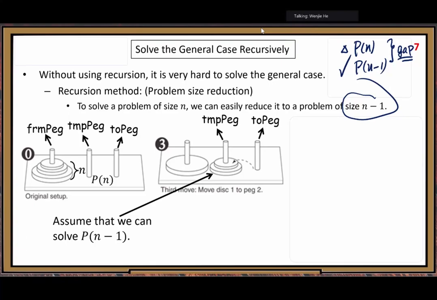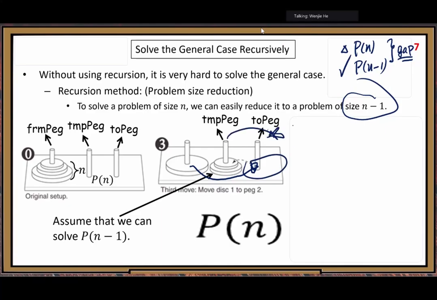All right, next step. I need to draw something here. The remaining part of the work is pretty straightforward. The next move is to move the bottom disk to the destination peg. After that, you just apply P of n minus 1 another time.